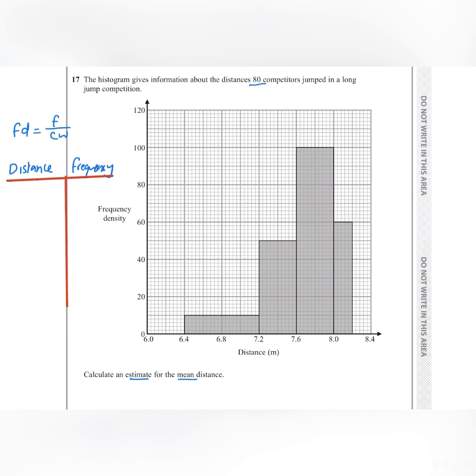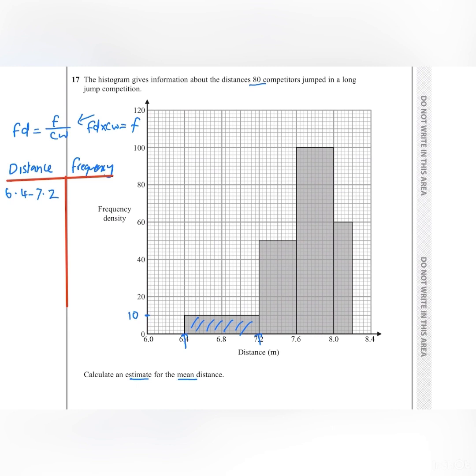Now in the first section, this group here is between 6.4 and 7.2. And the frequency you can work out, well, we have a frequency density of 10. If you look at this formula, the frequency equals frequency density times class width, so it's the area of the bar that gives us the frequency.